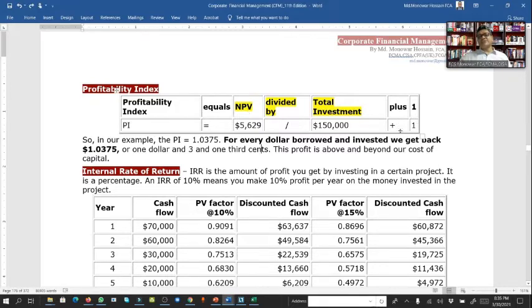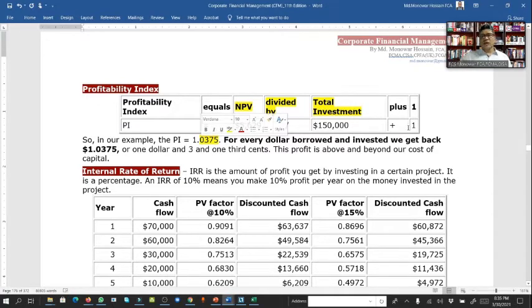A 1 means 100%. So look here, 5,629 is the net present value. If we divide by 150,000, it would be 0.0375.